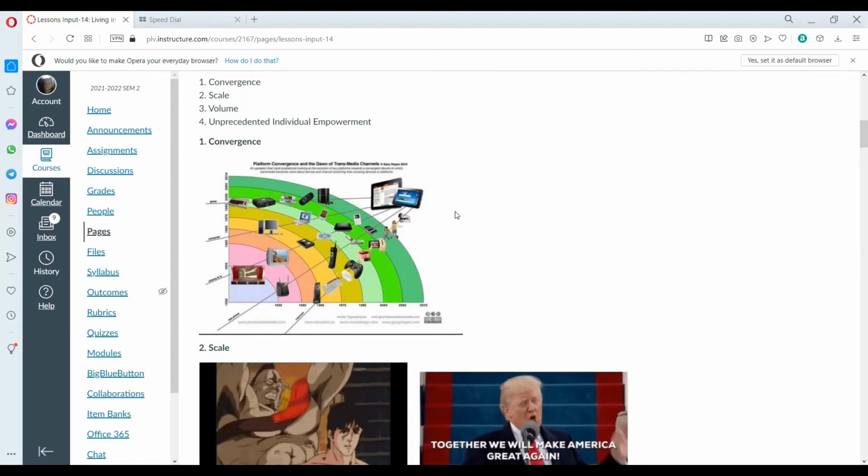In this example, platform convergence in the dawn of transmedia channels, we can see how all of these devices have evolved into a more compact and more complete device.